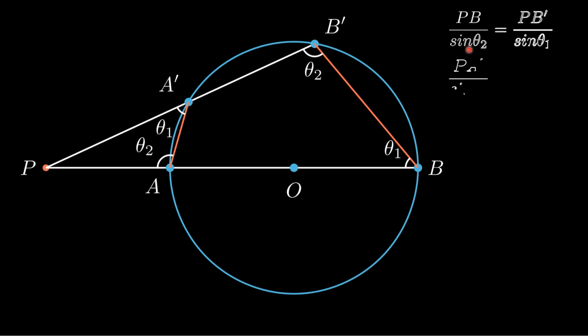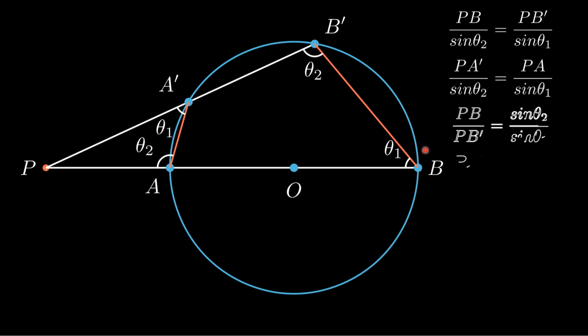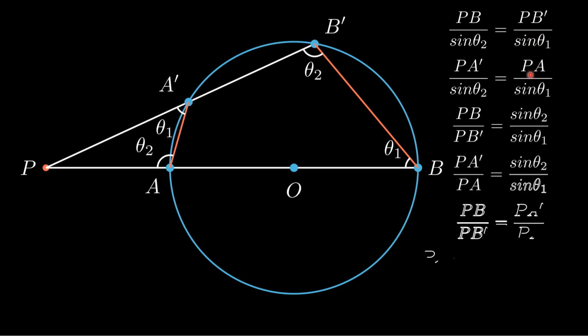By the sine rule, PB over sine theta 2 is equal to PB prime over sine theta 1, and so we can clearly see that PA prime here over sine theta 2 here is equal to PA over sine theta 1. Sine theta 1 is here.